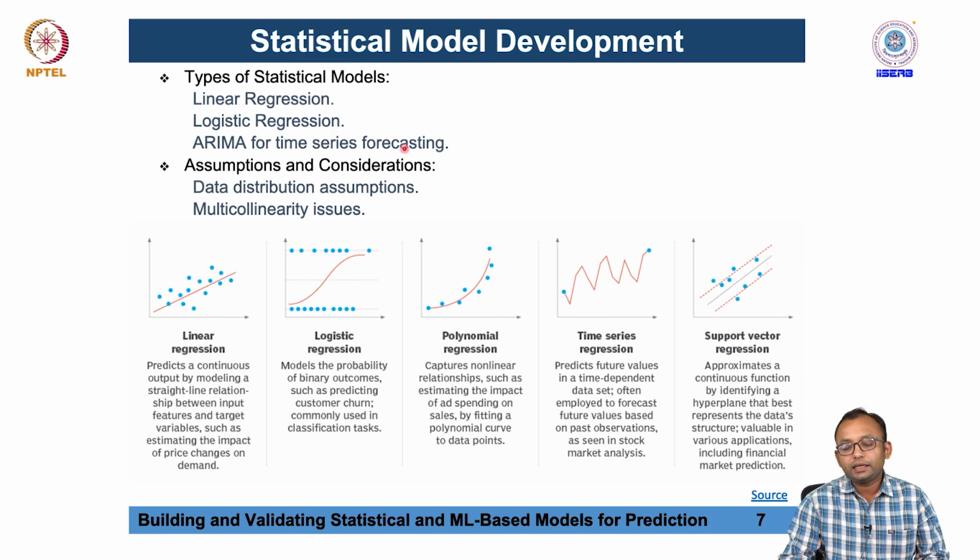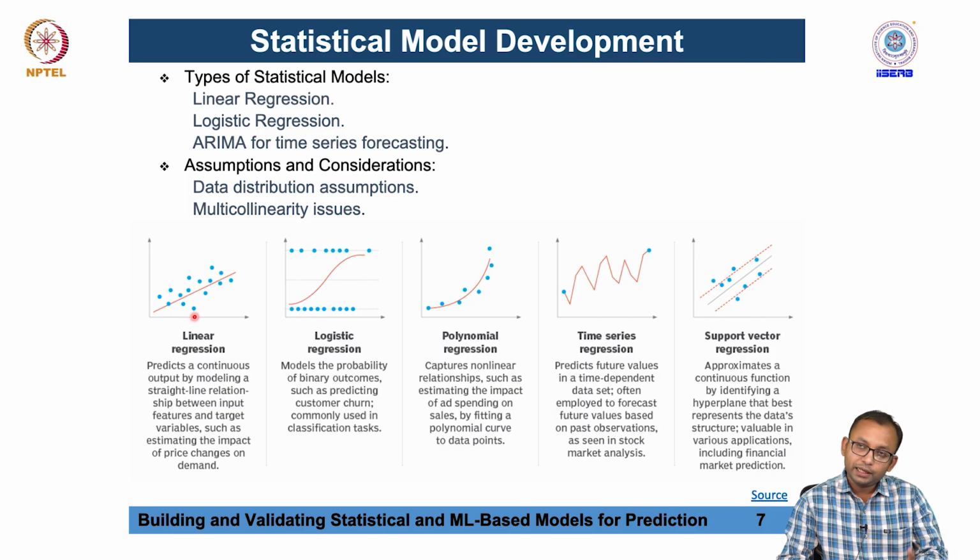Once it is done, there are multiple different types of models we can also select and compare. Let us say within the statistical framework we can compare linear regression, logistic regression or ARIMA based models with each other, and then we can compare which one is giving better results. For example, in linear regression we only use one variable with another variable if it is single variable based.